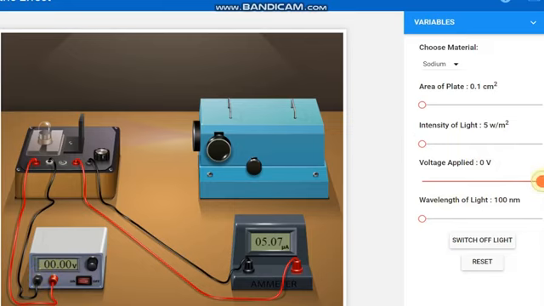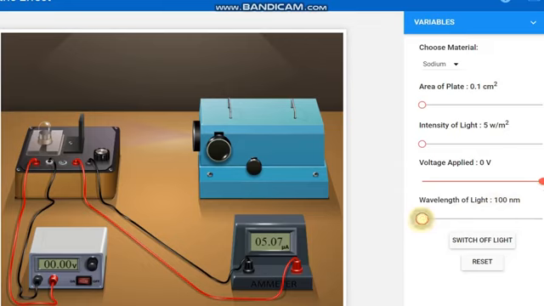You can change the applied voltage in the reverse direction, because the applied potential is a reverse potential here to find the stopping potential. In steps of 0.1 we can increase the reverse potential like this. So this is to change the applied potential. And it is a wavelength. That wavelength is showing 100 nanometers. 100 nanometers is the incident electromagnetic wavelength.